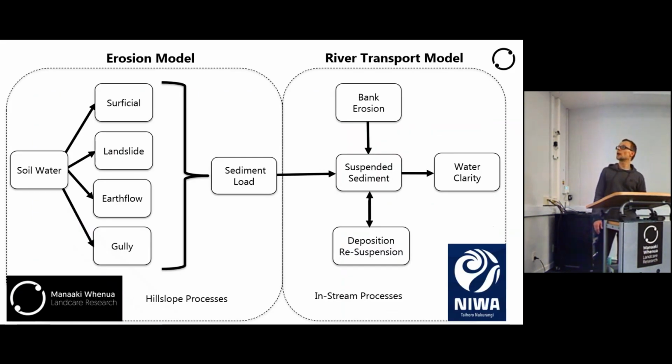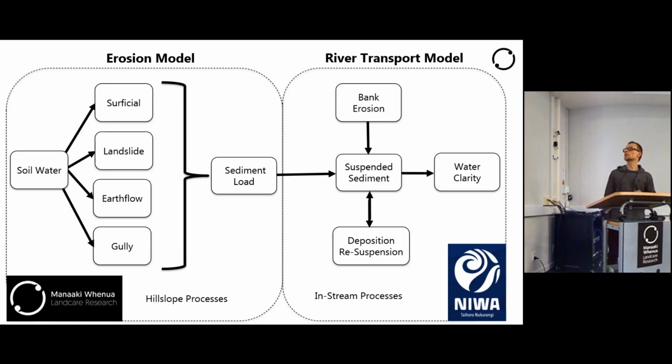This is a high-level outline of the concept. We've got those different components, the erosion model on the left-hand side, the river transport model on the right-hand side. On the erosion model side, we're looking at our traditional erosion processes. Specifically in this model, we're looking at the rainfall-driven soil water budget and how it drives soil erosion.